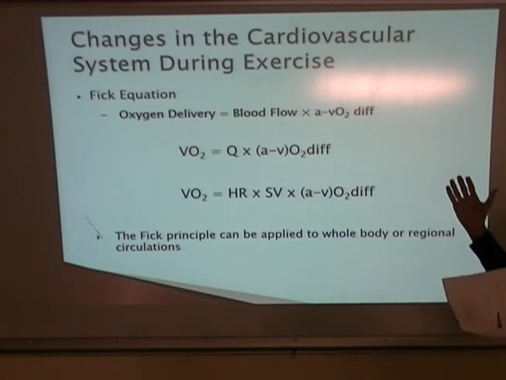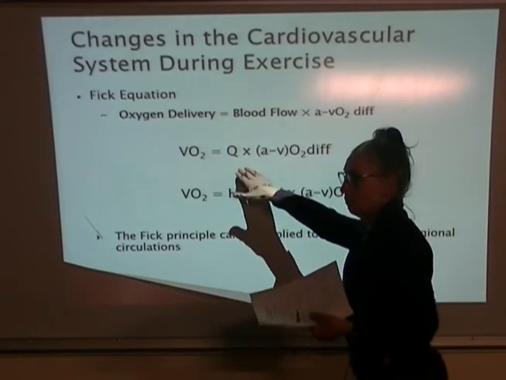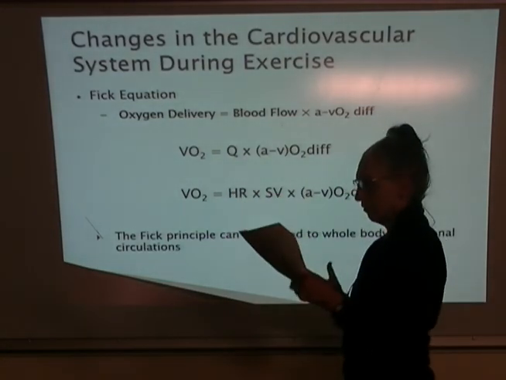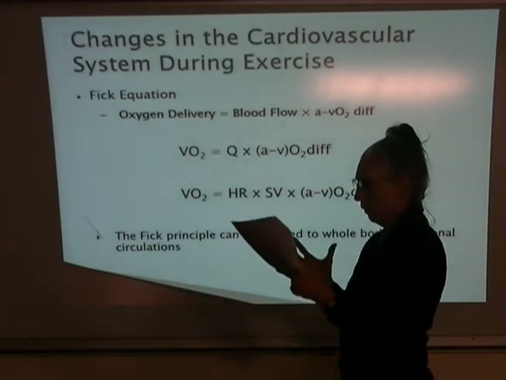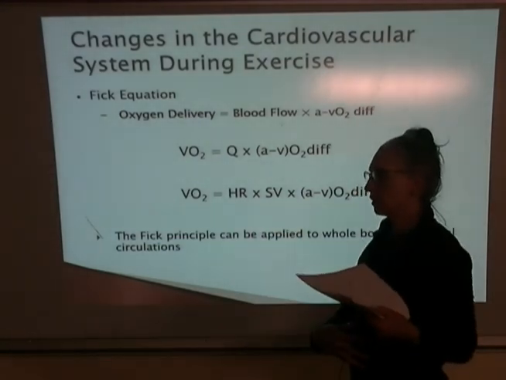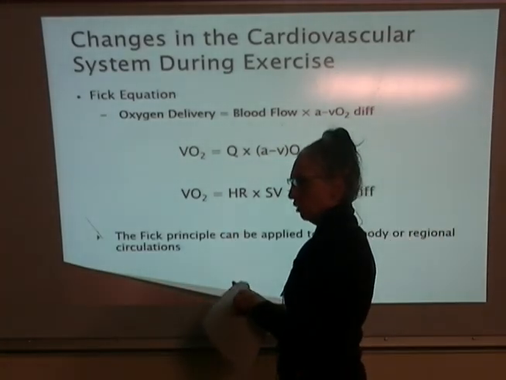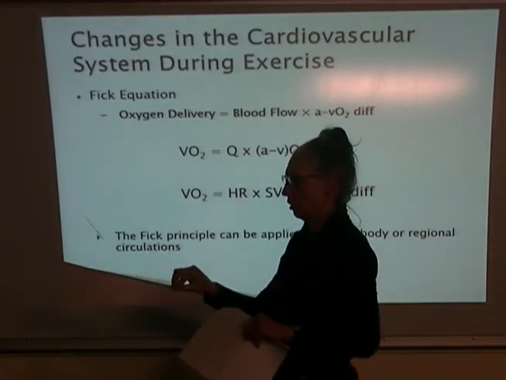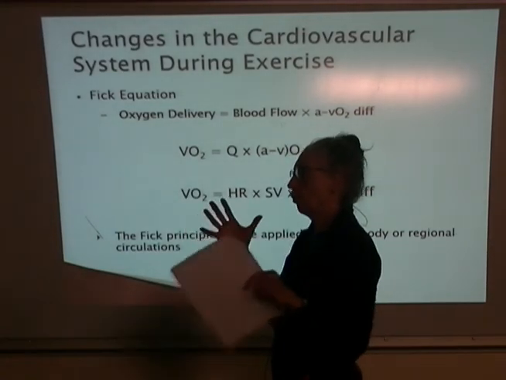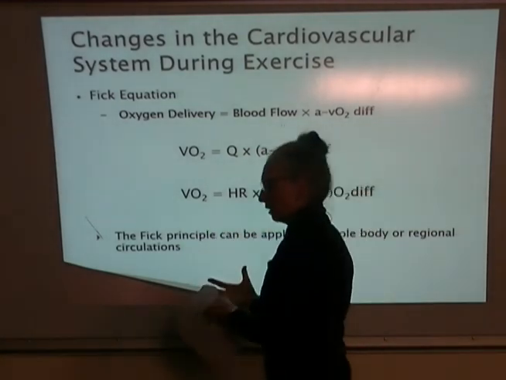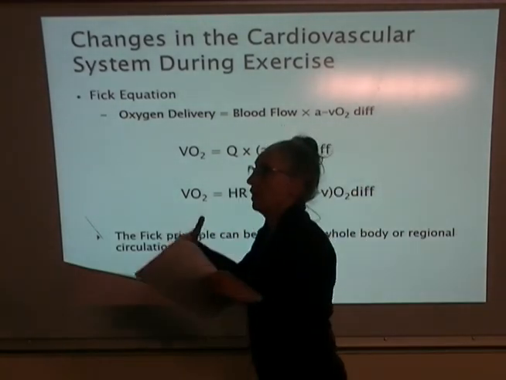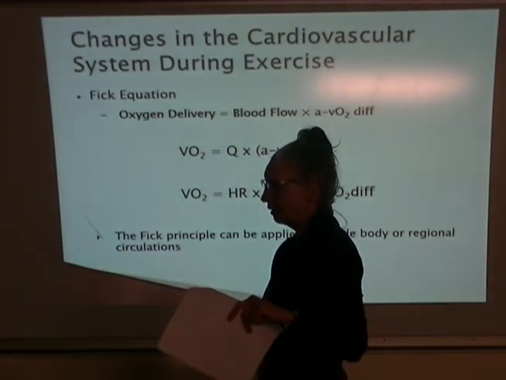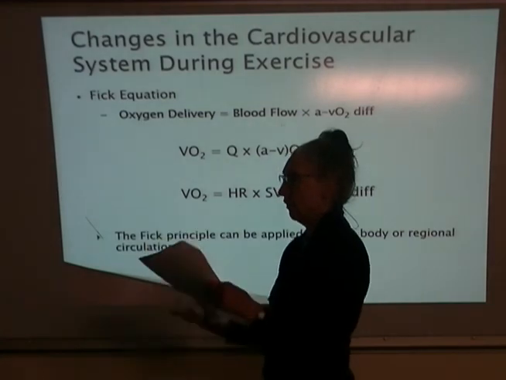The other way we can increase Q to a particular muscle is by redirecting blood flow away from a different tissue, like the stomach to active muscle tissue. It's one of the reasons why it's important not to eat a big meal and then go exercise, because you redirect the blood flow away from your stomach and you've got all this food sitting there, and that feels very uncomfortable.